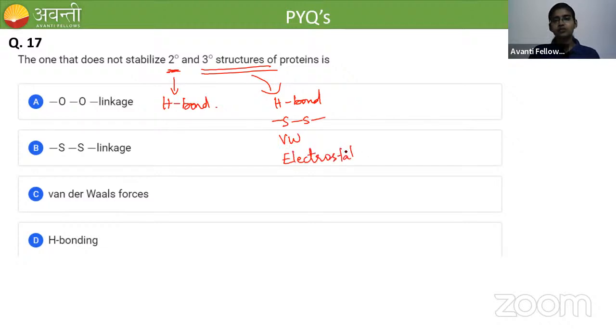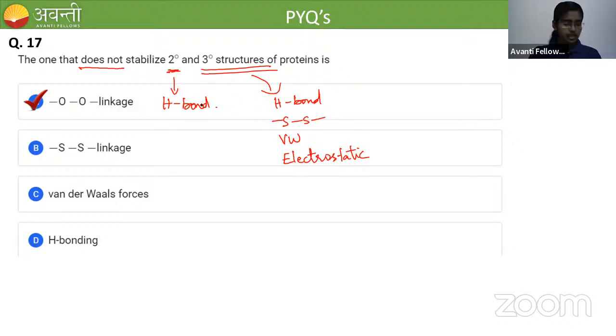So these 4 forces stabilize your tertiary structure. One does not stabilize. So all the options except option A fall under this. Option A, that is peroxide linkage, is not present in the secondary or tertiary structure of proteins. All the other 3 are okay. A is the correct answer.